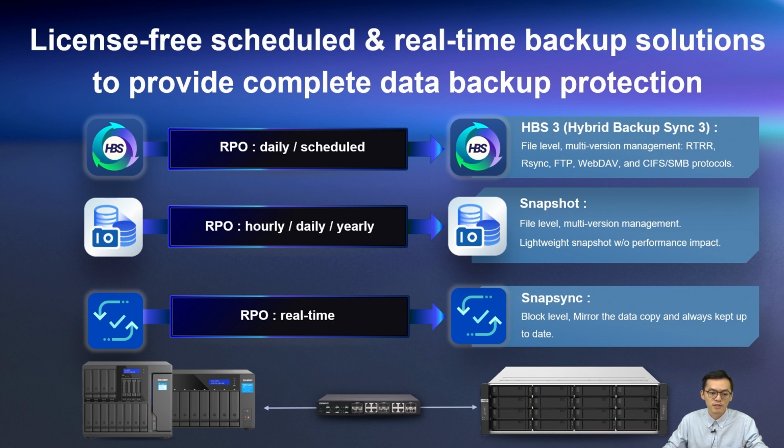You can record the system status and data at any point in time as a backup for future restoration. And SnapSync can achieve the most instant synchronization so that the system always maintains an up-to-date copy of the data.